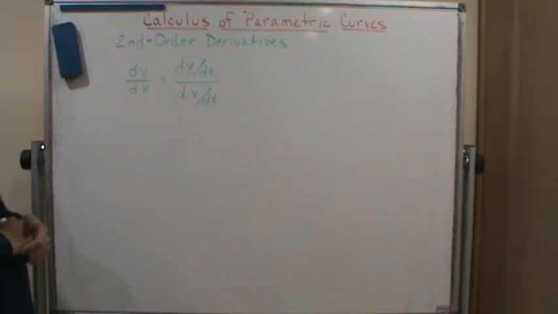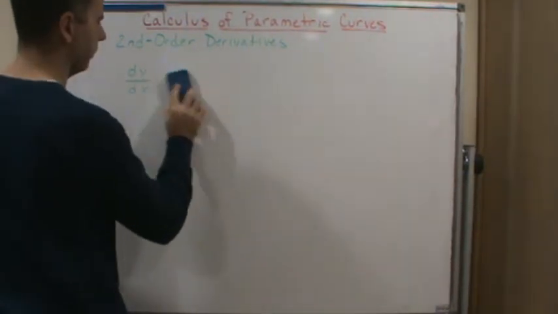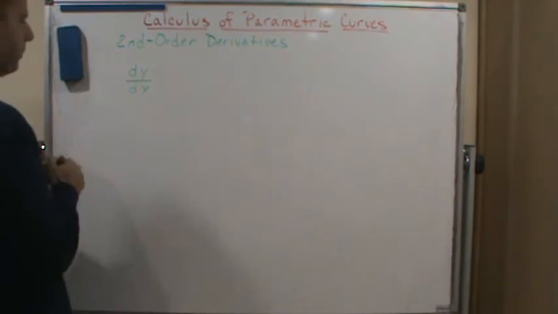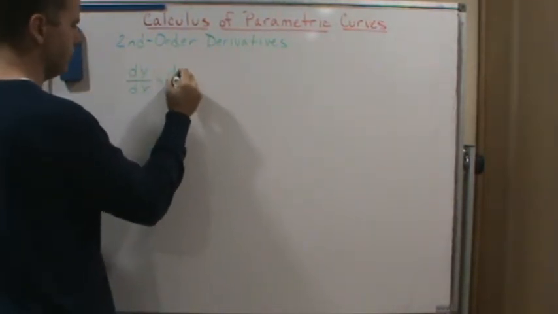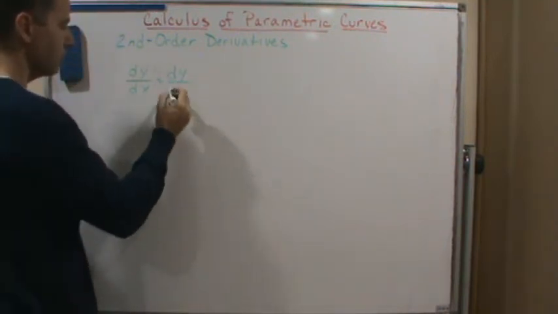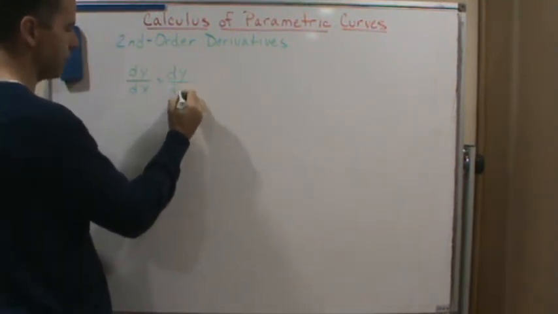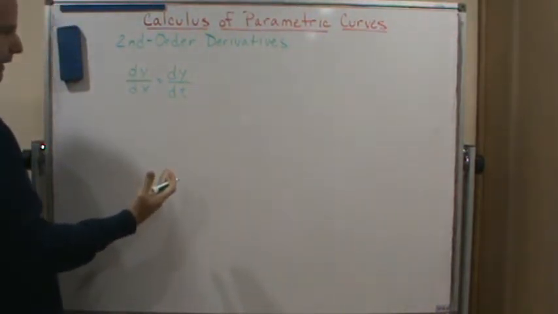In essence I'm using the chain rule by splitting this up this way. I introduce the parameter, taking the derivative with respect to t.